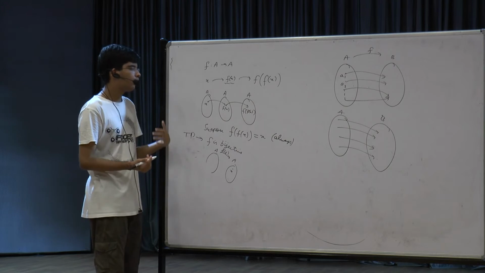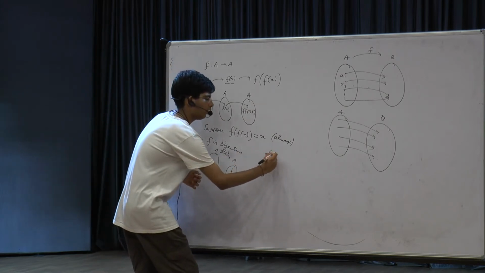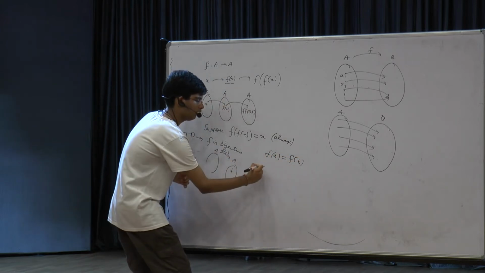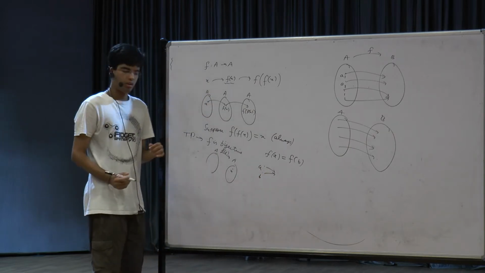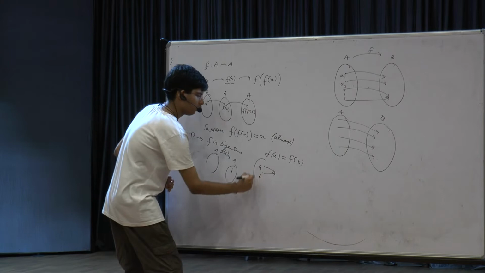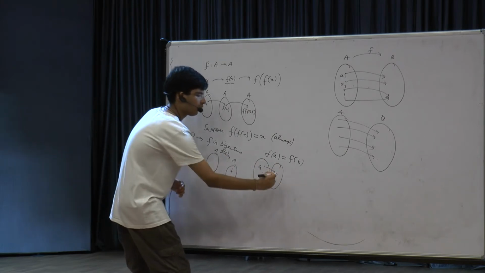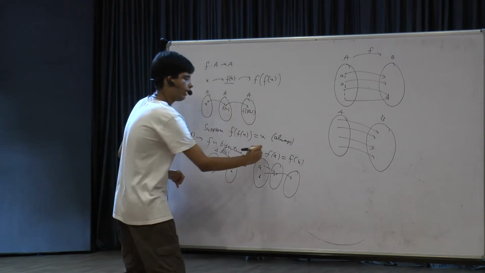But for f injective, we'll make an argument. Suppose f of a equals f of b. Suppose a and b map to the same thing. Now we apply f again on these.